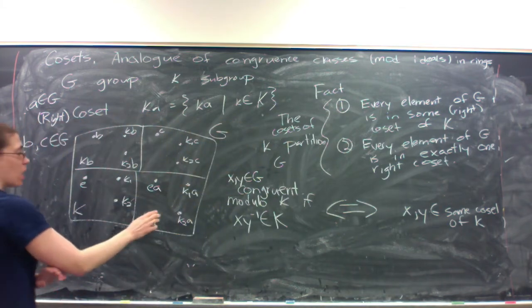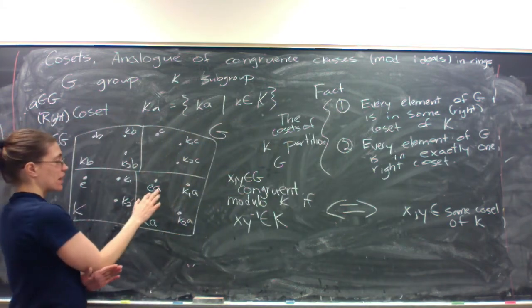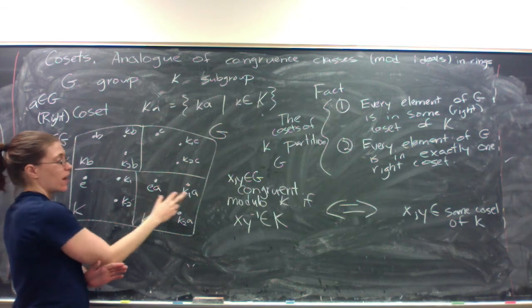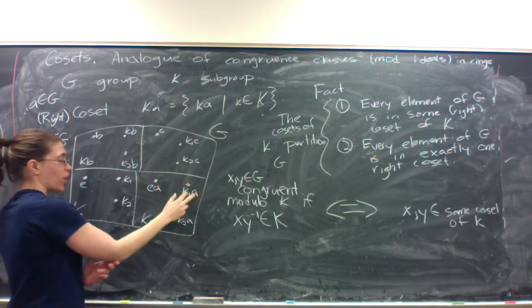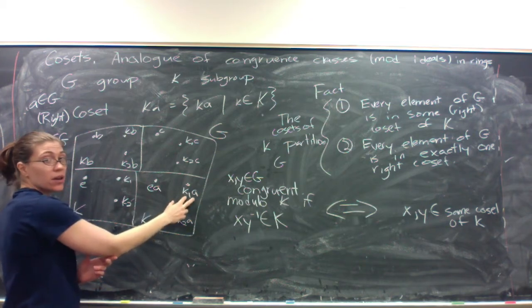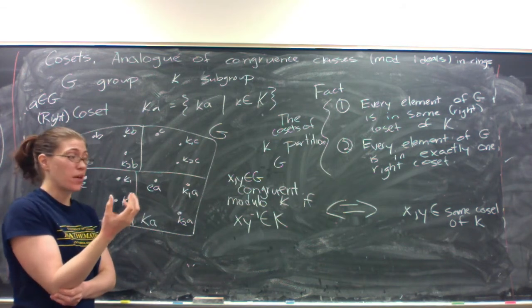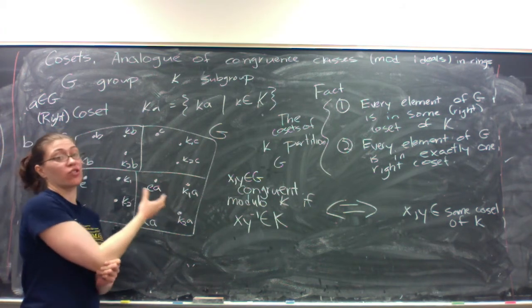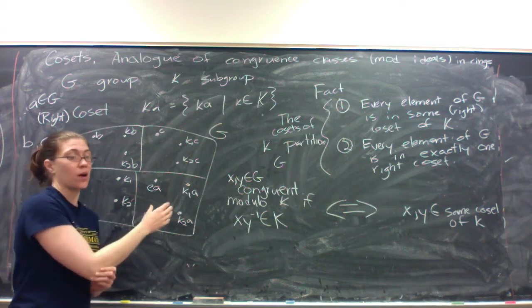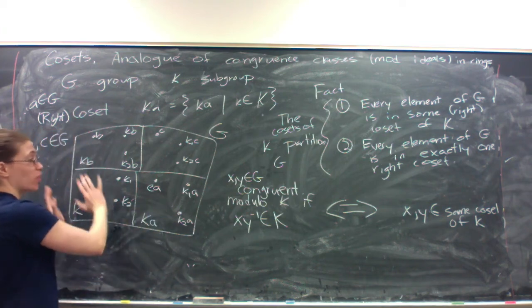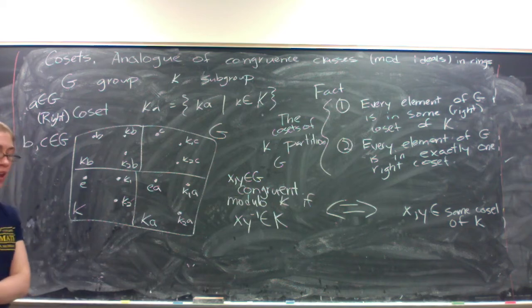So here, the elements A and K1A are in the same coset. This means exactly the same thing as them being congruent modulo K. In other words, they're in the same translated copy of K.